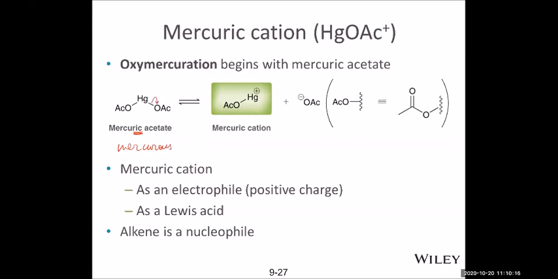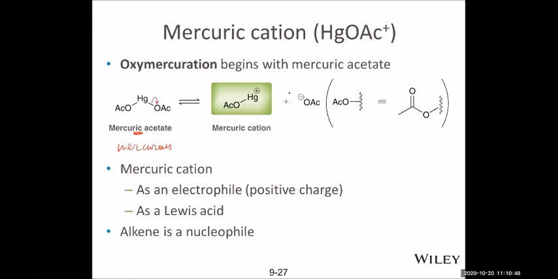Anyway, mercury acetate. This bonding is supposed to be ionic, but because acetate is a weak base, the bonding between these two is sort of covalent, half covalent. The mercuric can form a bond with acetate, and it is basically a partially dissociated mercury(II) ion. It's partially dissociated. Together it still has one positive charge, but mercury is still bound with one acetate.